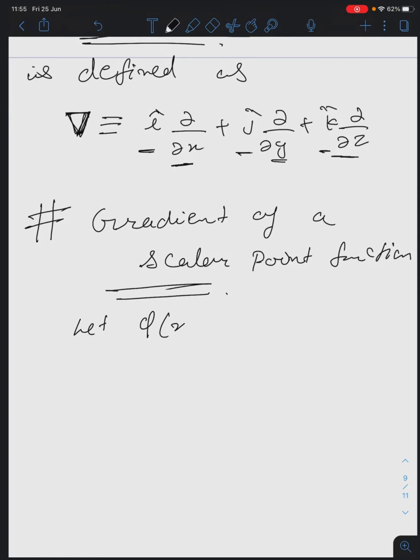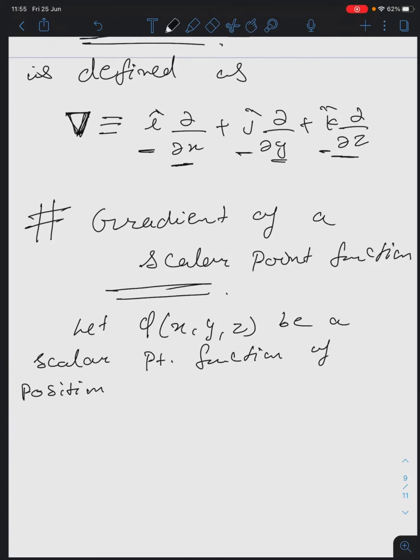Suppose phi of x, y, z is a scalar point function of position defined in some region of space.